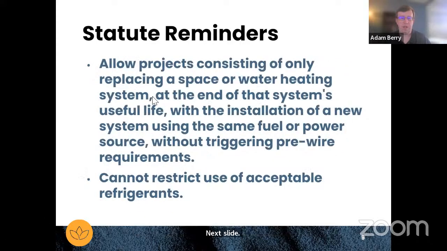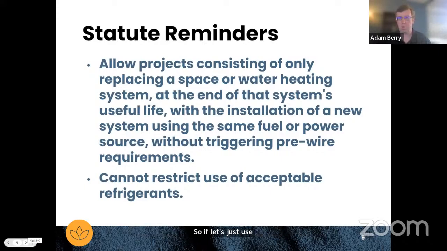Just a reminder that this code cannot require replacements of a system that fails at the end of its useful life to be pre-wired upon replacement. And it cannot require replacement to be a different fuel source than the equipment was originally. So let's just use this as an example.